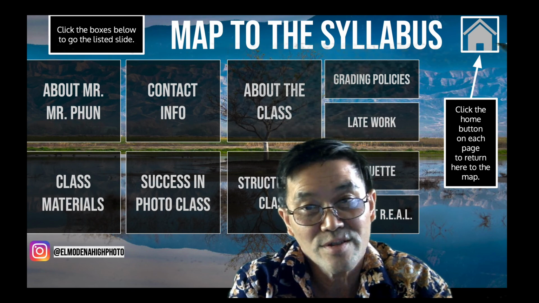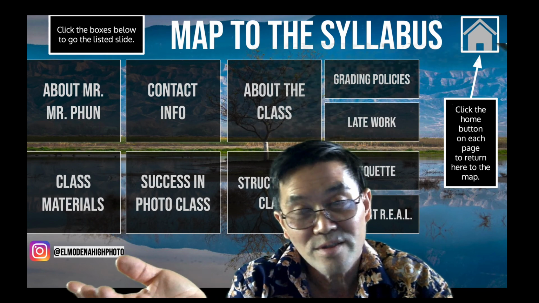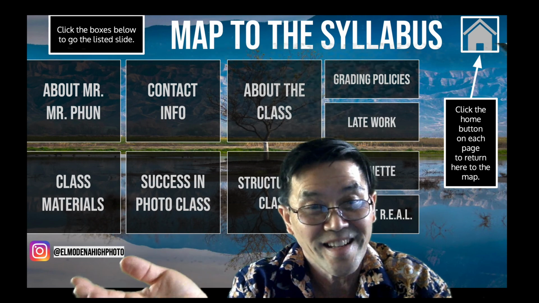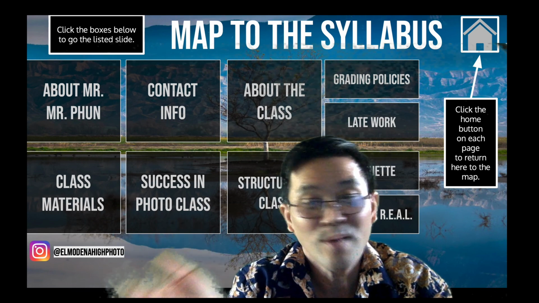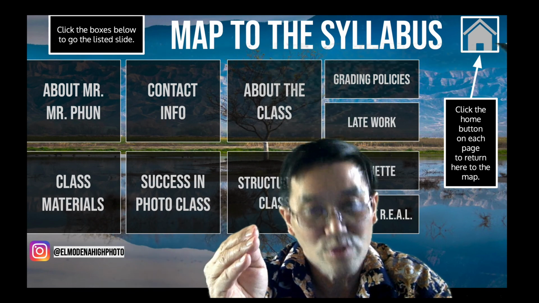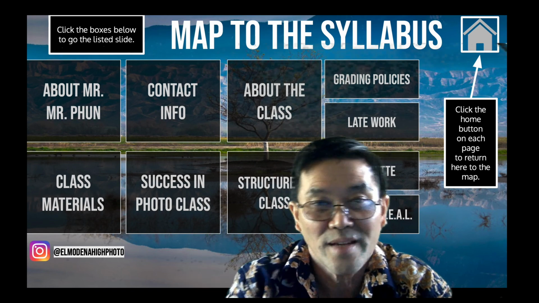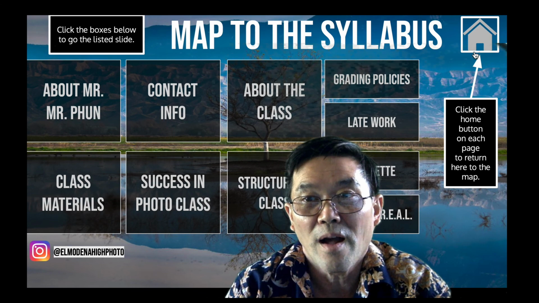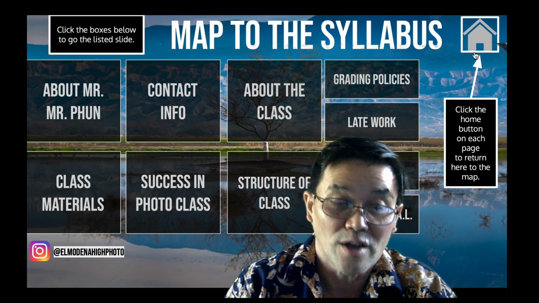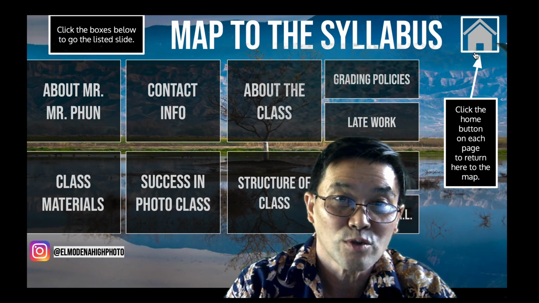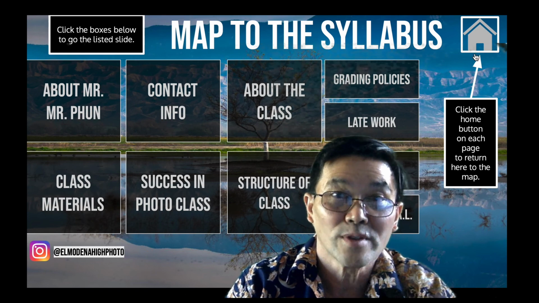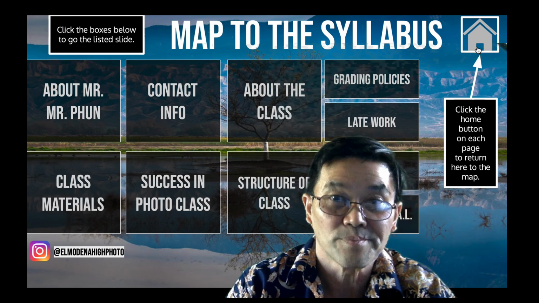Those are the instances when students unfortunately fail the class. Most of the time, if they do the work and show some effort, they will pass this class, no problem. The syllabus is on the class Google Classroom, so you should be able to get to it and look at it.